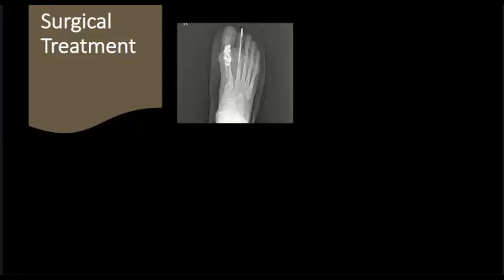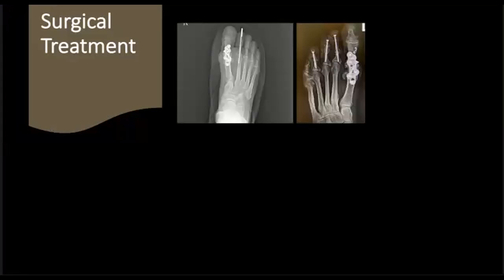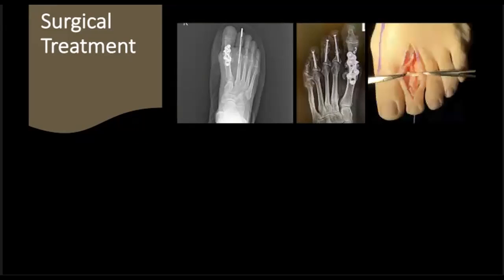So surgical treatment, there's a lot of options here. We see a K-wire fixation with first MPJ fusion. Here you can use screws for any sort of revision cases. Again, here's another first MPJ fusion. Flexor tendon transfer, this is specifically showing the Girdlestone-Taylor. That's something we'll discuss shortly.